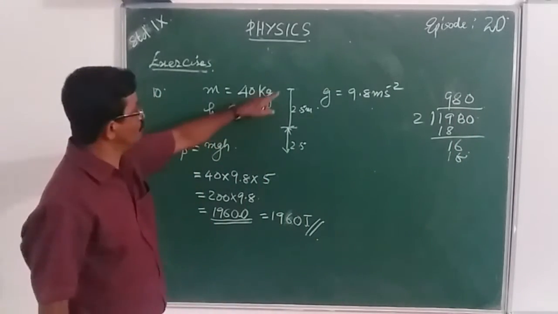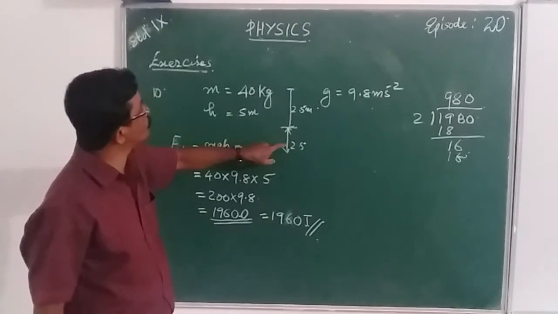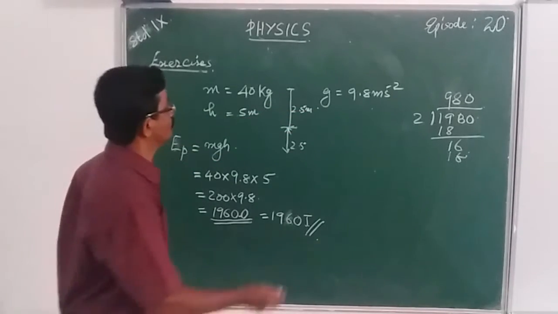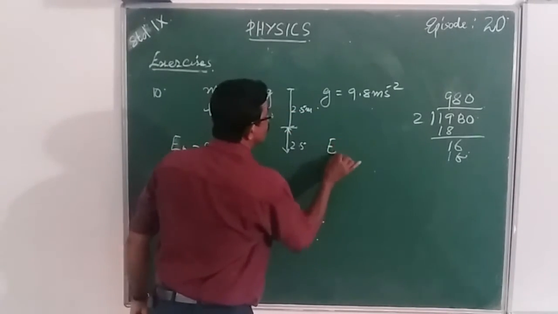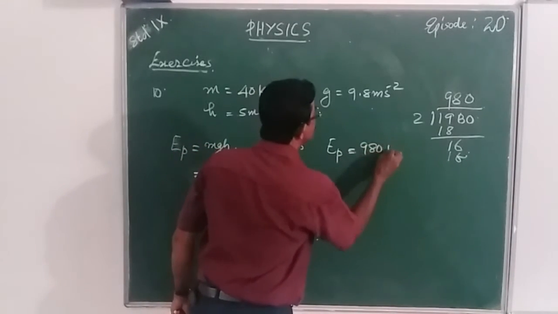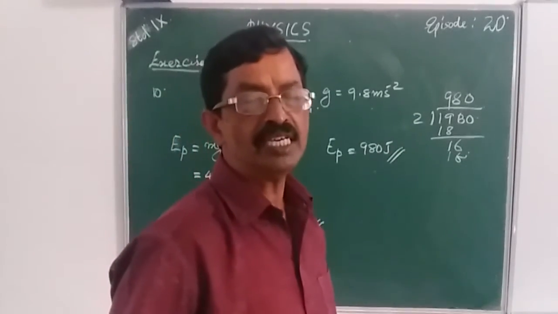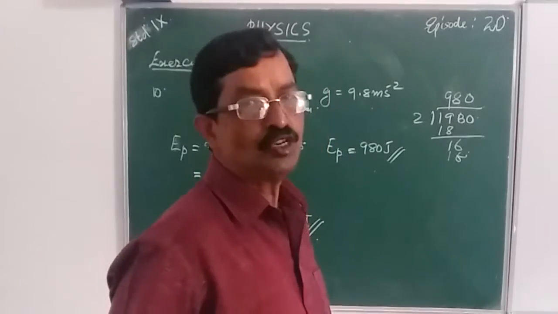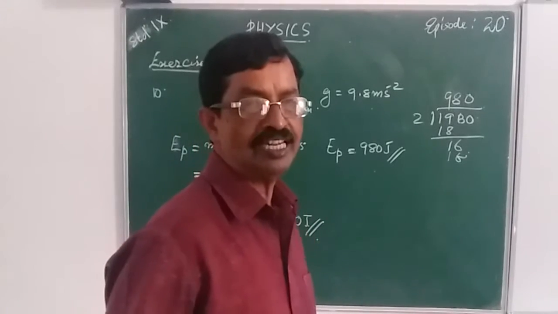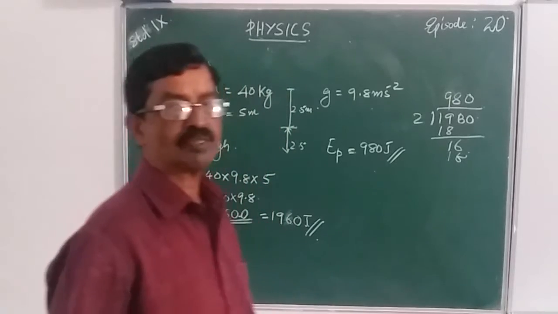That means when the object falls to half of its height, potential energy becomes how much? 980 joule. Then what happens to the remaining 980 joule of potential energy? That amount of potential energy is now converted into kinetic energy.